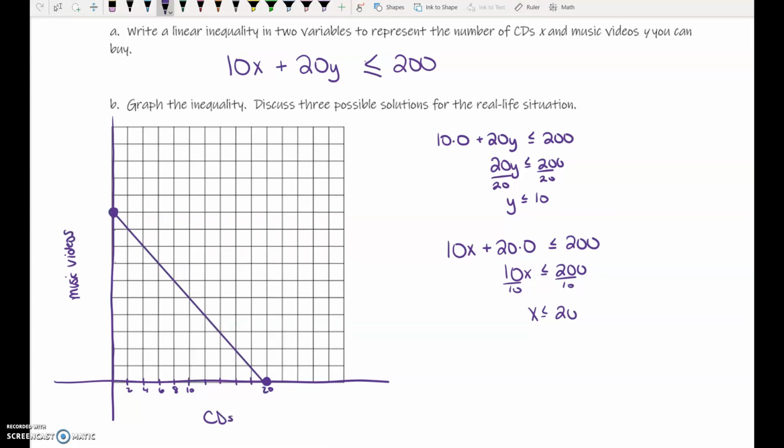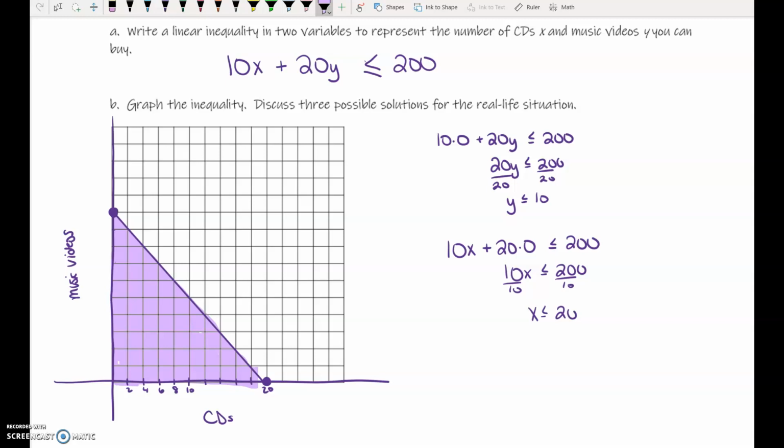All right, the shaded stuff is going to be inside this triangle. Okay, my shading is going to overlap a little bit just because my highlighter is so thick.